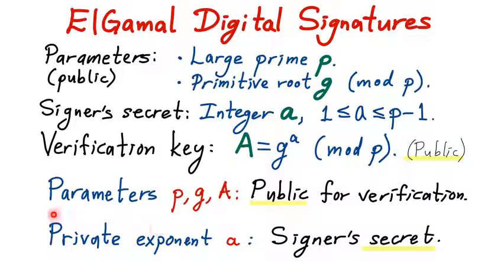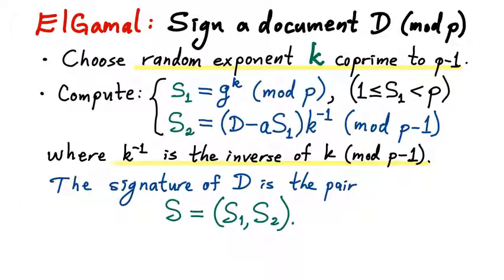Right. So those are the ingredients for ElGamal digital signatures. In this signature scheme, our documents are actually going to be integers modulo P. So that's the things that we're going to sign. And what is the signature of D?